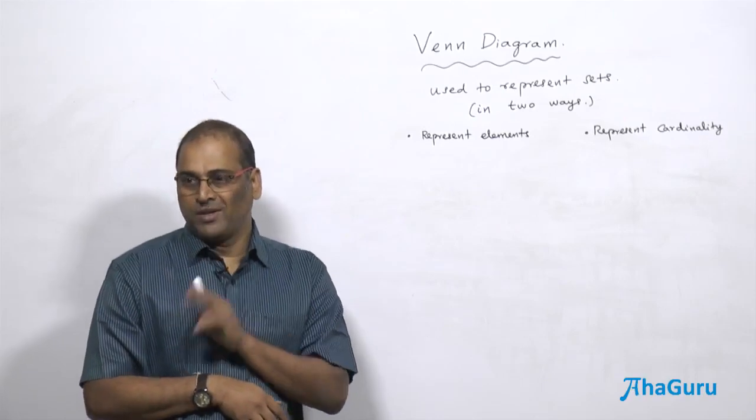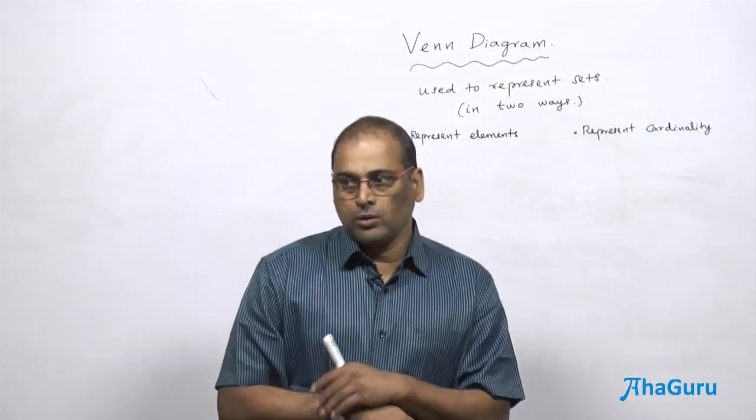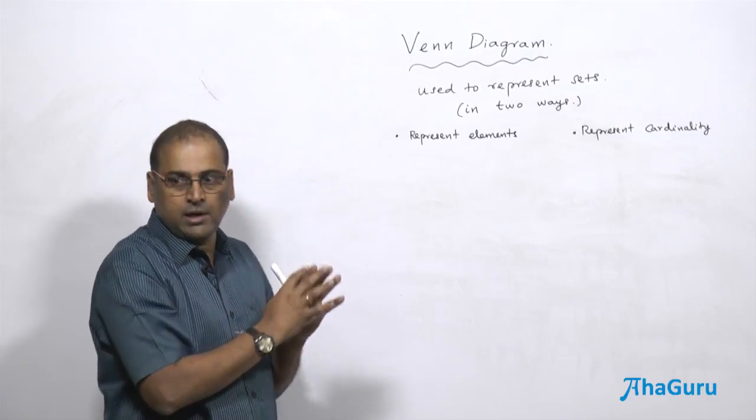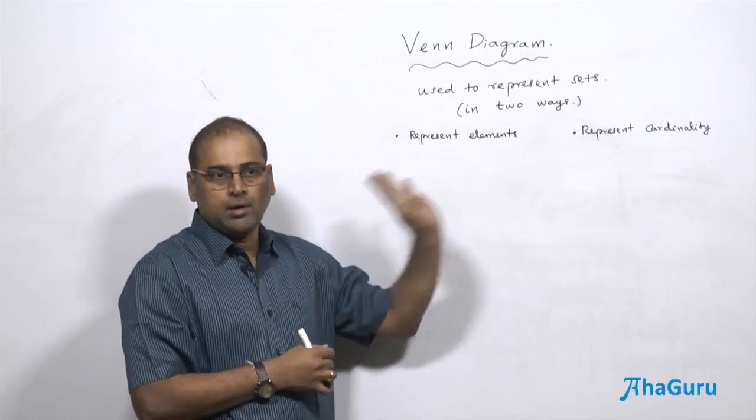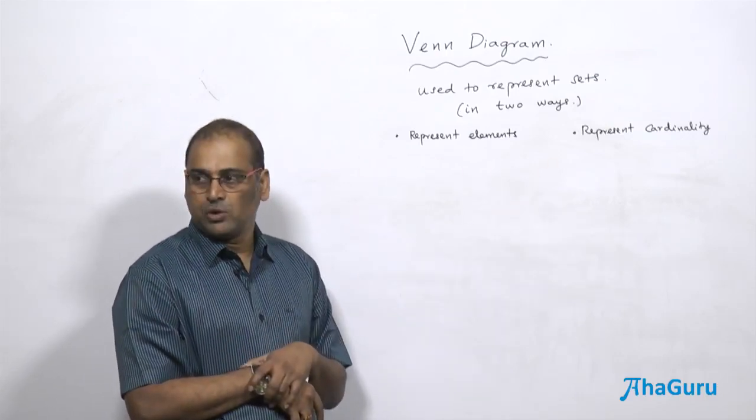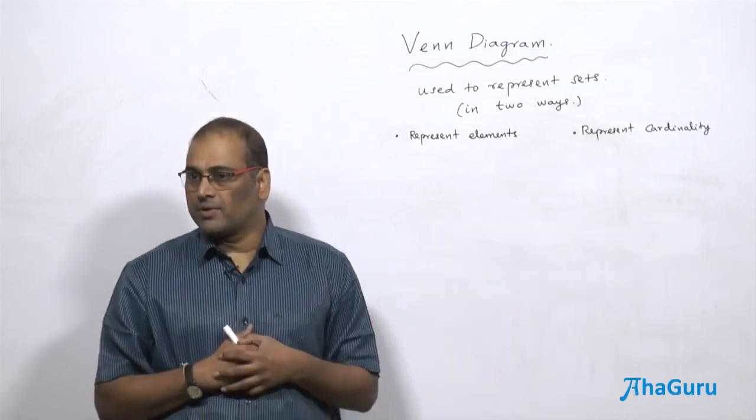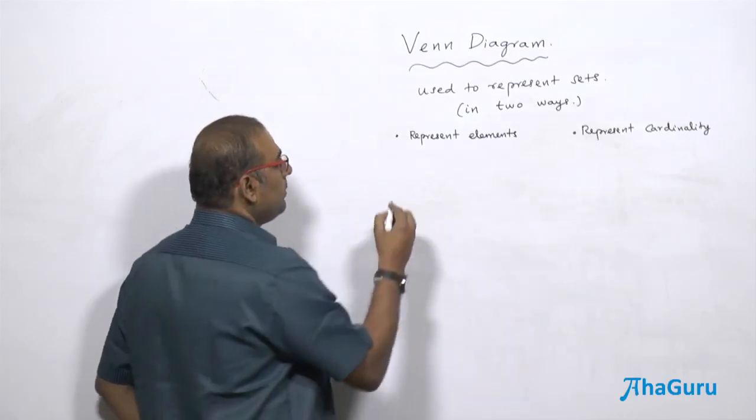There are two ways we represent a Venn diagram, right? So you should always remember, when you write a Venn diagram, whether you are representing elements or cardinality. I can show you the example.